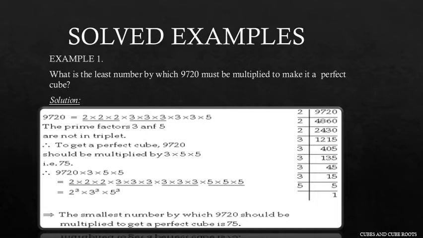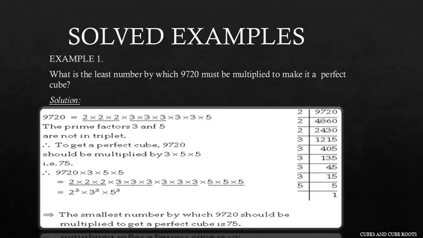That means you have to multiply 9720 with 75 to make it a perfect cube. Is it clear? Okay. So first you go for the prime factorization of the given number. Try to put it in groups of 3.